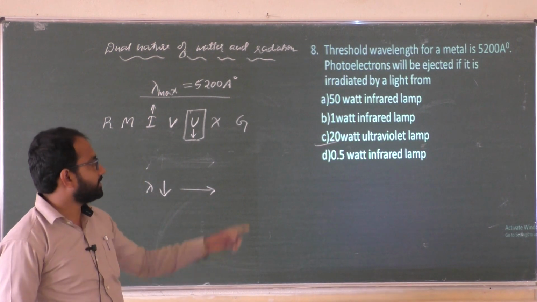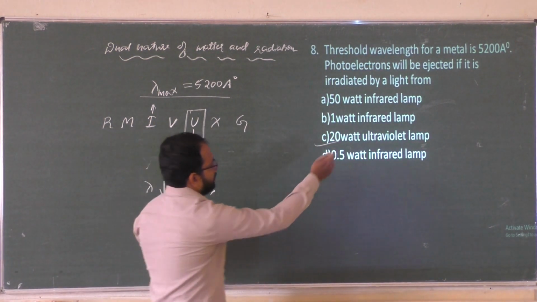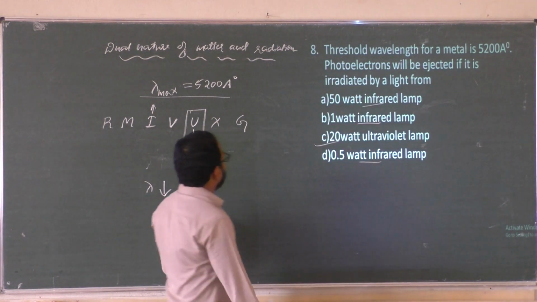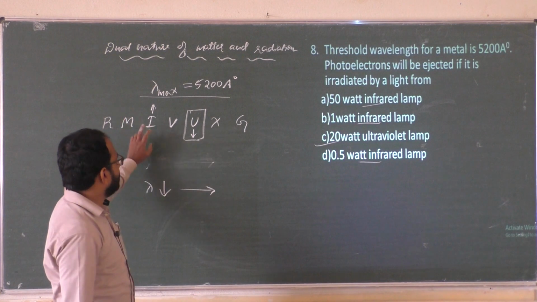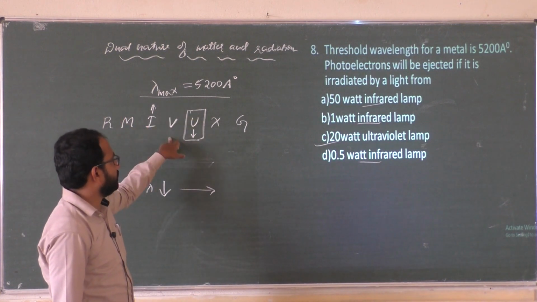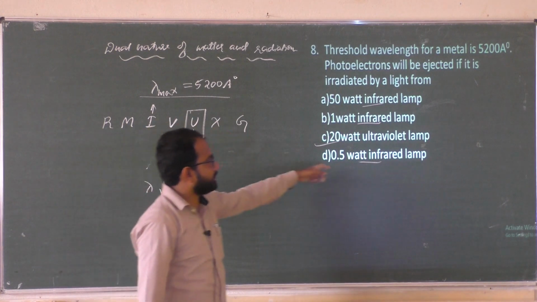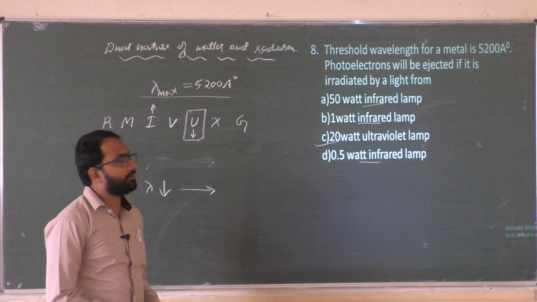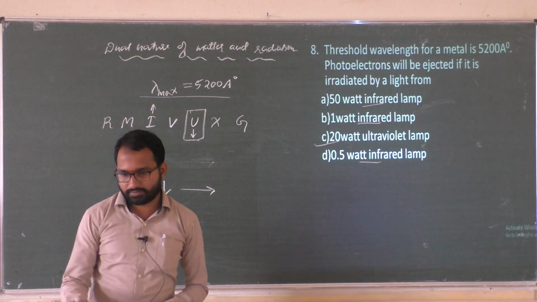See the other three options: infrared, infrared, infrared. The wavelength here is greater than the threshold wavelength. Therefore, the correct option is this one. For the ultraviolet lamp, that metal does emit photoelectrons.